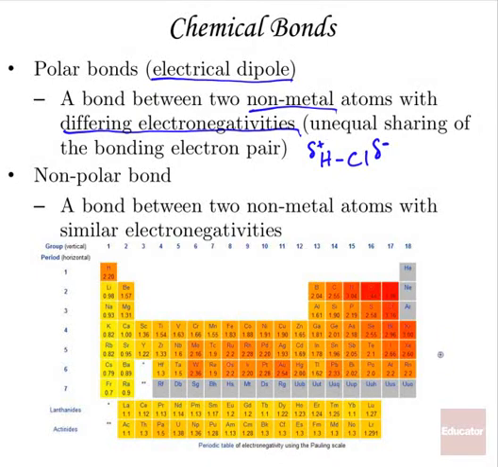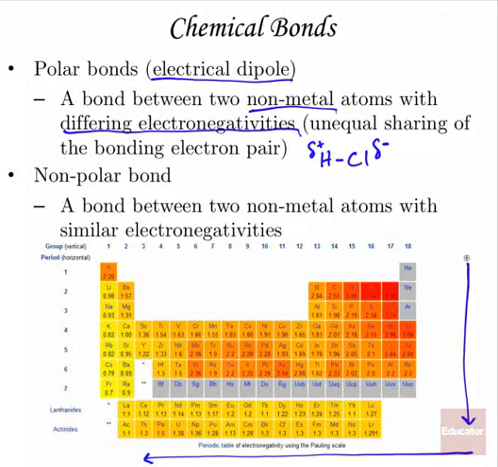And if you look at the periodic table, electronegativity decreases as you go downward and as you go leftward. Okay, so you decrease electronegativity as you go down and to the left.